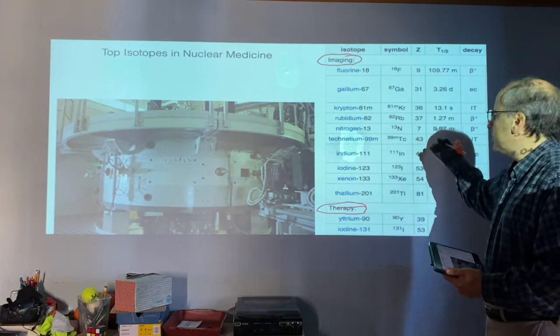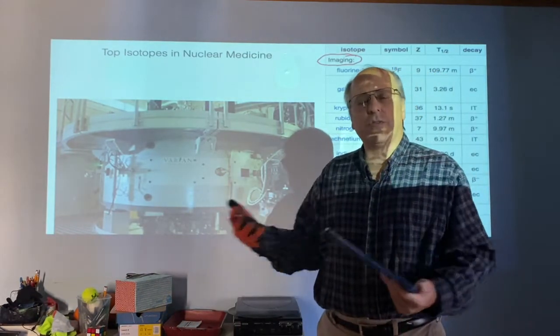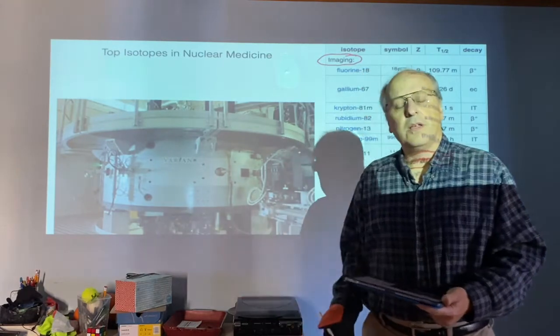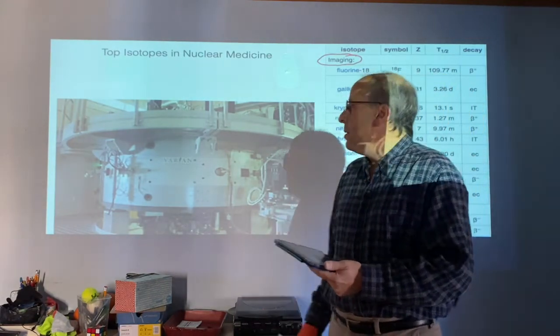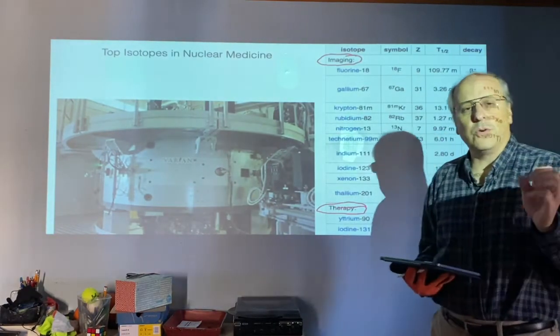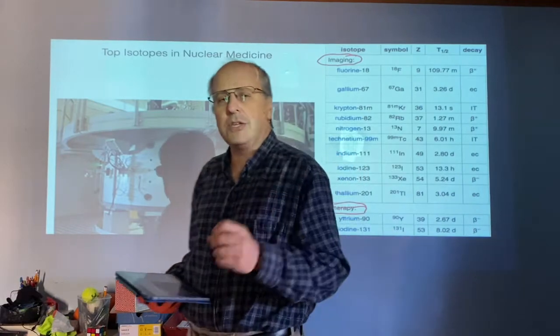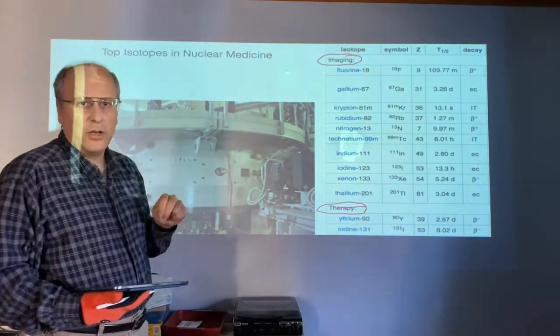We can't use things like an X-ray because X-rays just go right through the soft tissue. So X-rays are great for looking at bones and things like that, but oftentimes to be able to image different organs or soft tissue in the body, we give the person an isotope.